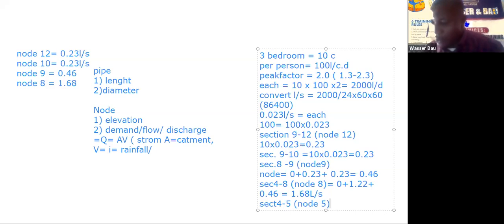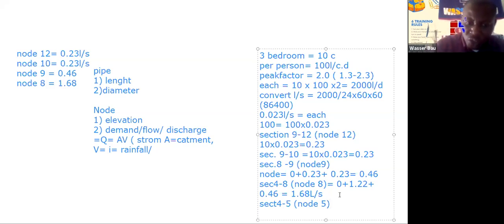So that means we now say the value is 20 times the value for one house, 0.023, which will now give you 0.46.